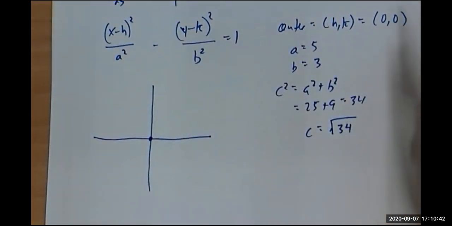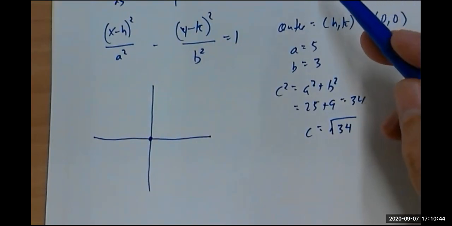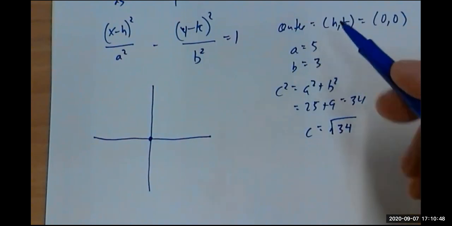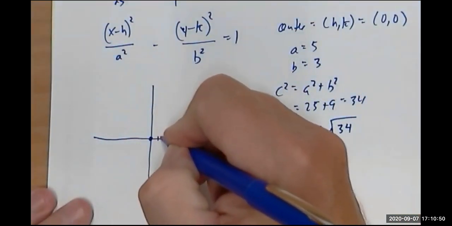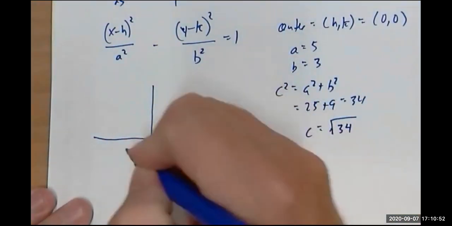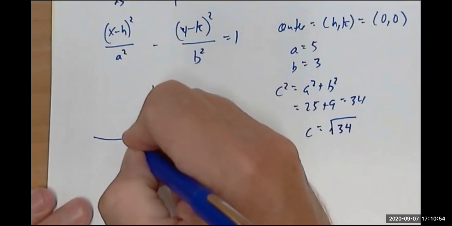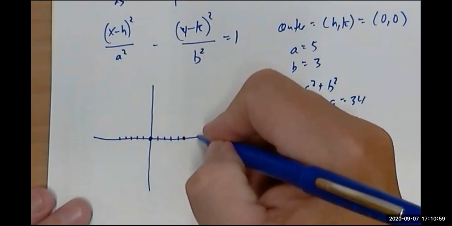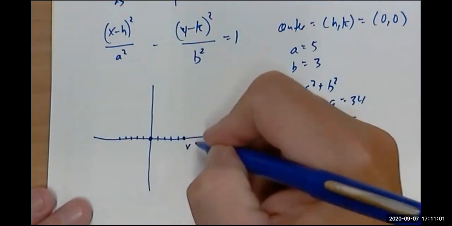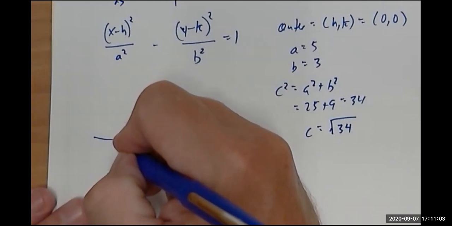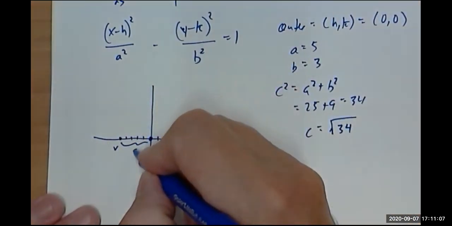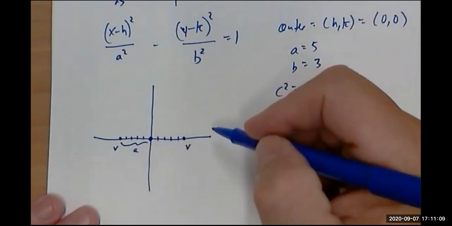So what you do is you have to know if it's a left or right hyperbola, then that means you take A, and from the center, you go left or right. That's going to be a vertex, and that's going to be a vertex. So this is distance A on both sides.